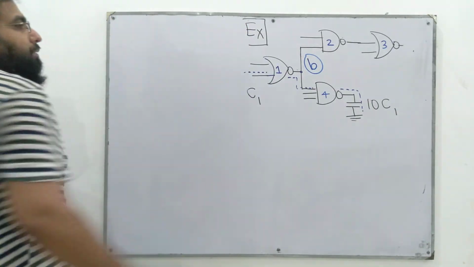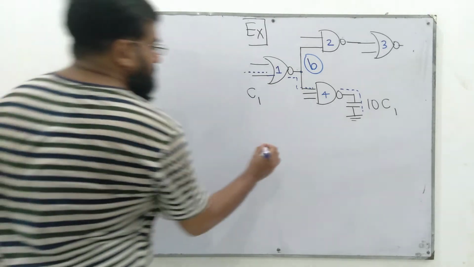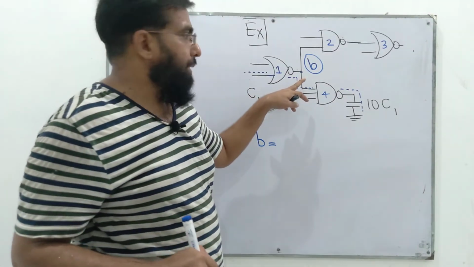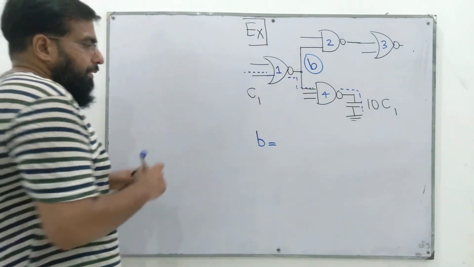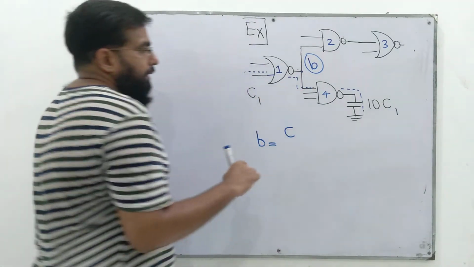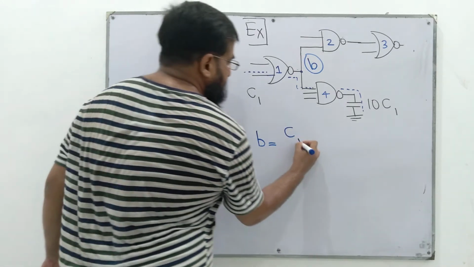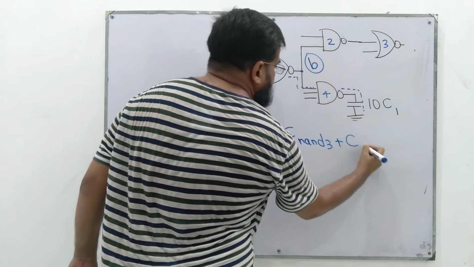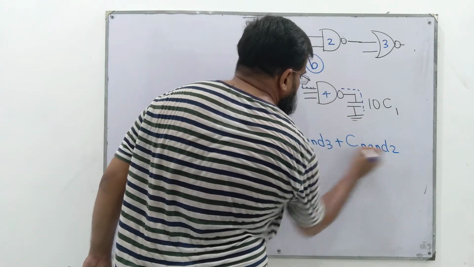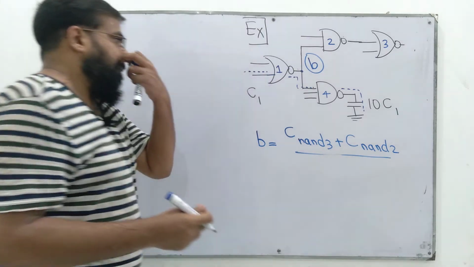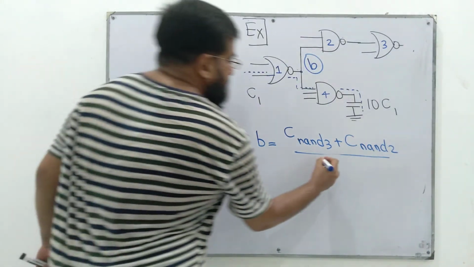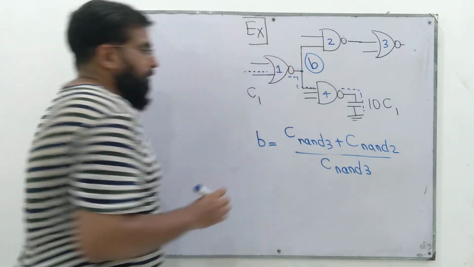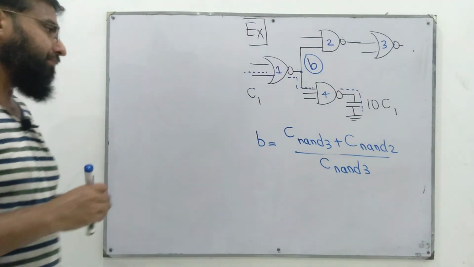First of all, let's see how many branches there are. There is only one branch, the same branch, but the capacitance of the path is now different. The capacitance of the path is that of NAND 3. The capacitance of the off path gate is that of NAND 2. That is the opposite of the case that we did in part A, divided by C of NAND 3 because NAND 3 is in the path.